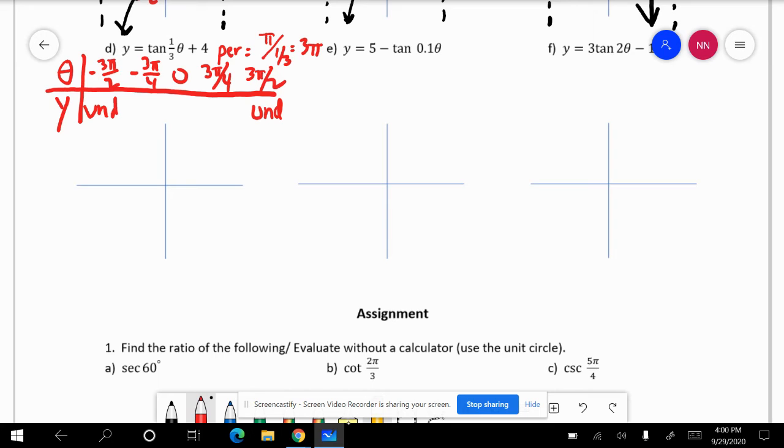When we plug in a negative 1 for the first one, notice that we're adding 4. So this becomes 3. When we plug in a 0, we get 4. When we plug in a 1, we get 5.